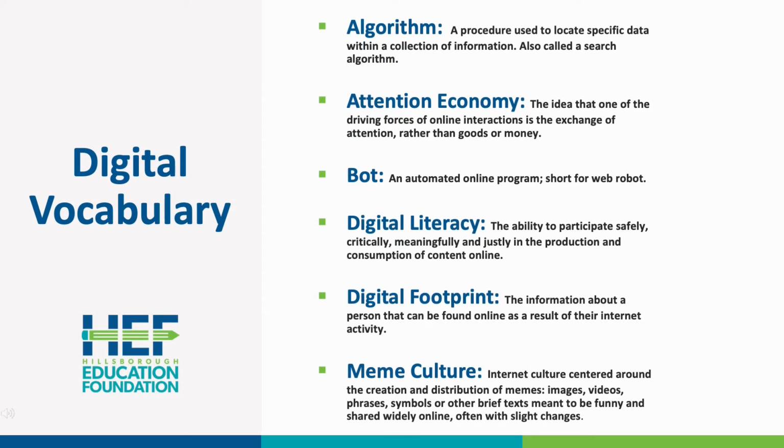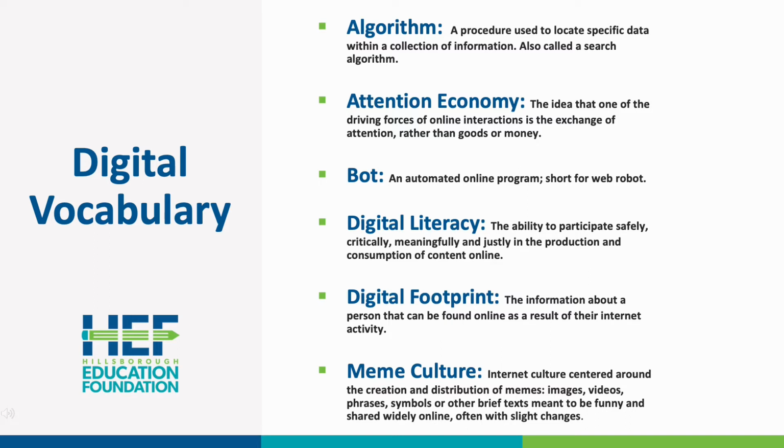The fourth and final topic of today's discussion is digital vocabulary. Oftentimes we will go into a discussion with someone or someone will mention something to us about digital literacy. They'll mention a word that we may have never heard of before when it comes to this digital world.